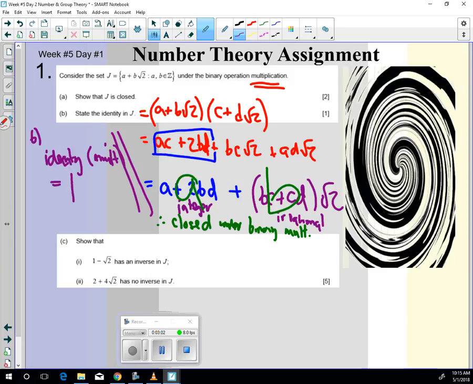Now, in order for that to be 1, what would a have to be and what would b have to be? It's not hard. b would have to be 0, because we want it to be 1. What would a have to be? 1. There you go. So this is what they're looking for. The identity of the whole thing is 1, but to get that, a has to be 1 and b has to be 0.